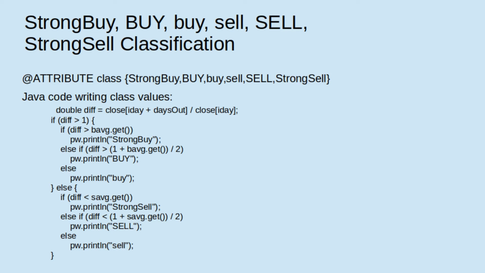Likewise, in the sell situation, if the difference is less than the average sell, then we make that a strong sell. Again, back to the previous case, this was a regular capital sell. The capital sell now becomes the midpoint between 1 and the average sell. And likewise, everything else is a lowercase sell.